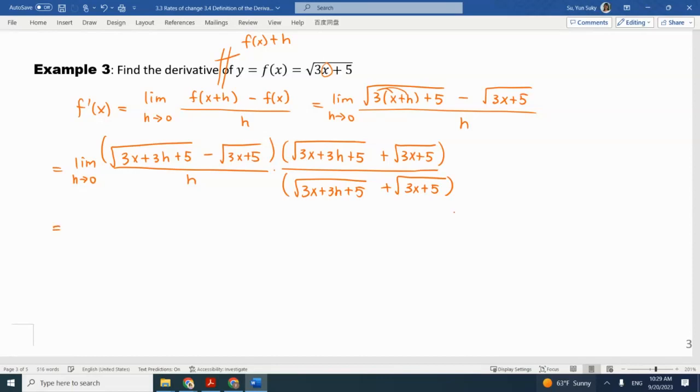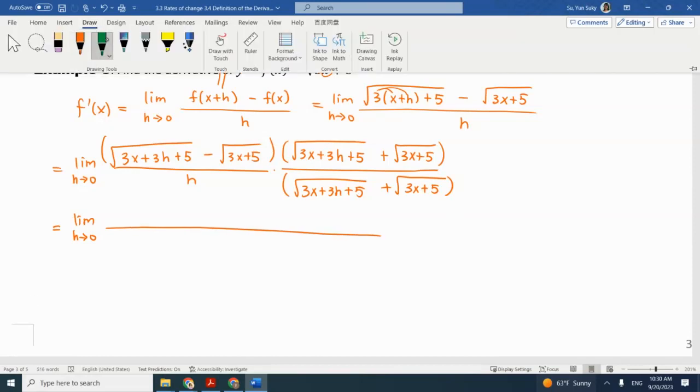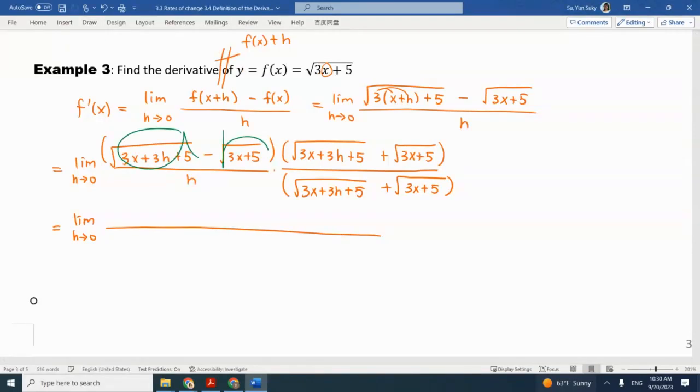Okay, now the numerator, we can use the formula (a minus b)(a plus b) is a squared minus b squared, right? And for a squared, you can cancel the square roots. So a squared will be 3x plus 3h plus 5.